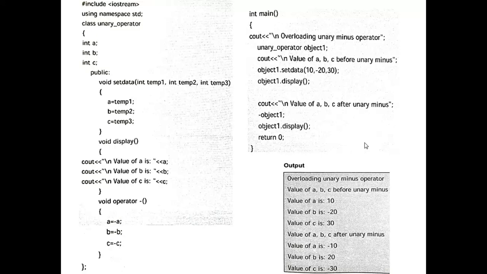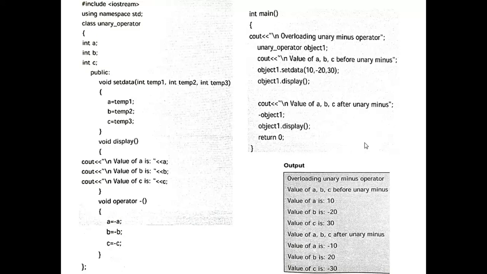Then we have declared the public access specifier, and afterwards one function called set data, which has return type void. In that we are passing three parameters, int temp1, temp2 and temp3, and in this function we are putting the values of temp1, temp2 and temp3 into a, b and c.